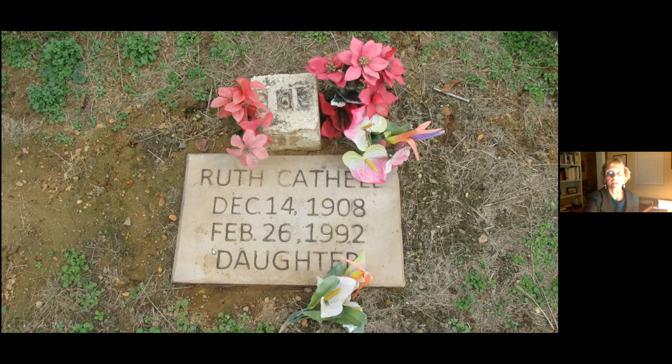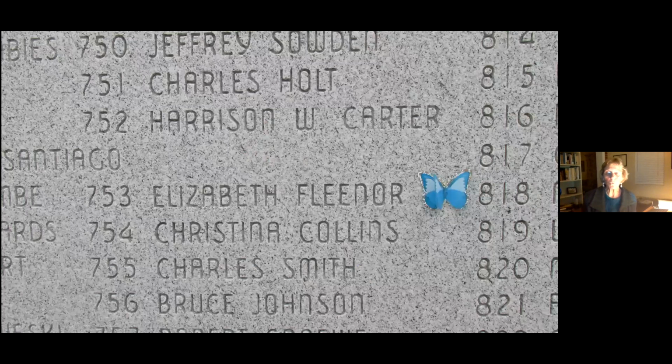Suddenly you see somebody had a stone made, and some flowers by there. This one I thought was really touching, on that big granite monument that you saw. One day I saw a little butterfly by somebody's name. Somebody had come and found that name, and put the butterfly there.